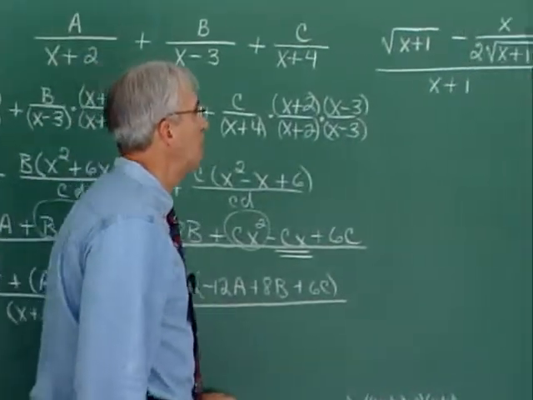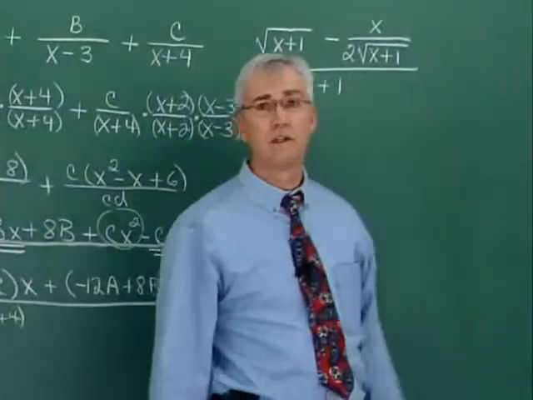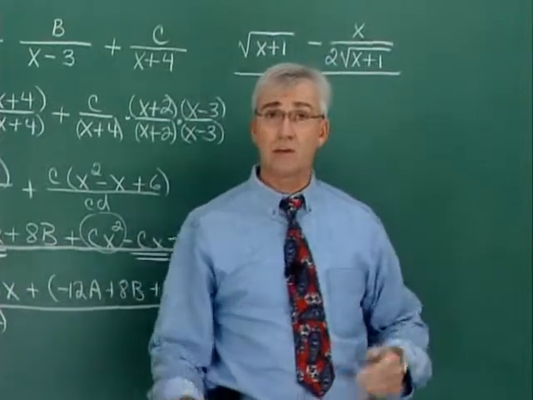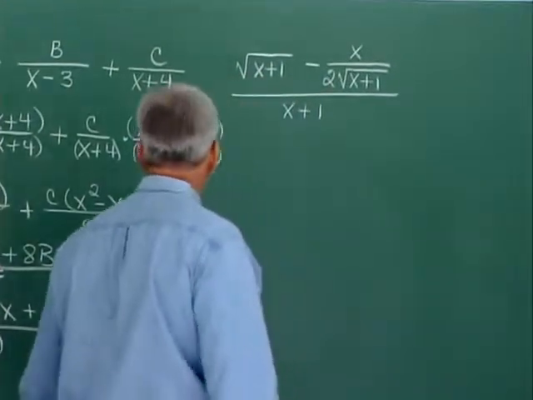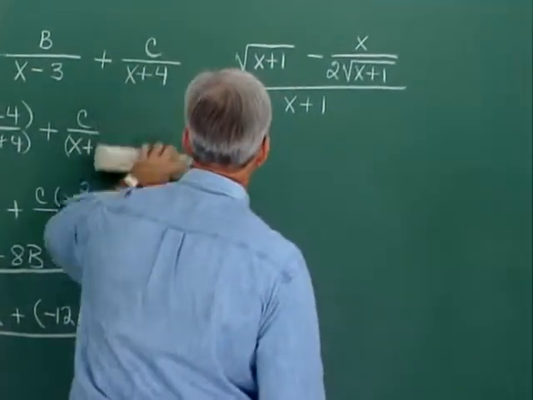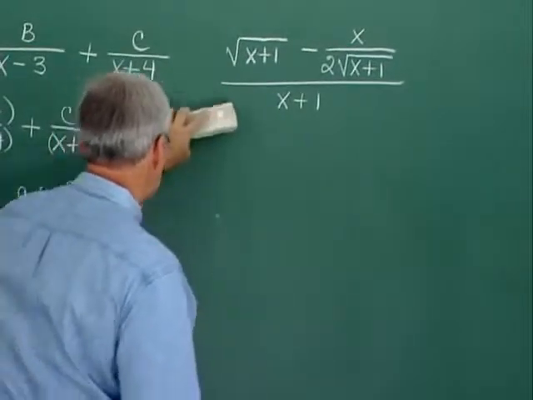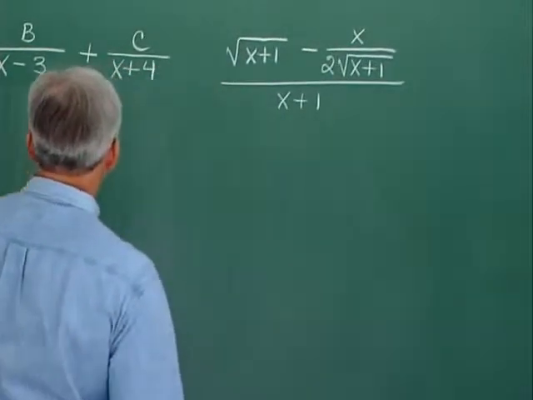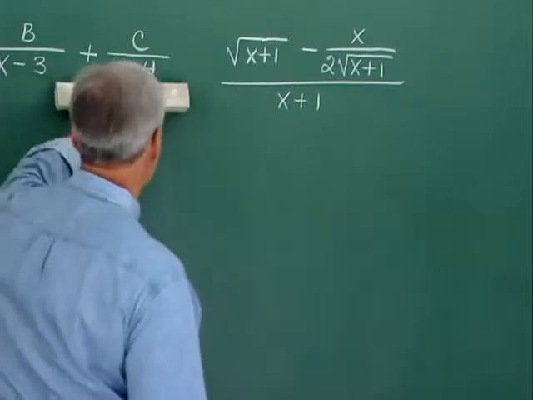In this next problem, we have radicals involved, and we want to simplify the expression. This is a complex fraction of some sort, and we follow the rules for fractions along the way. Those rules involve common denominators and so forth.